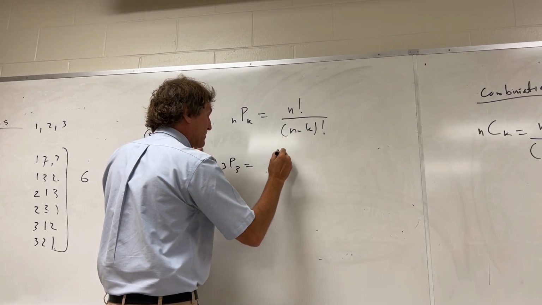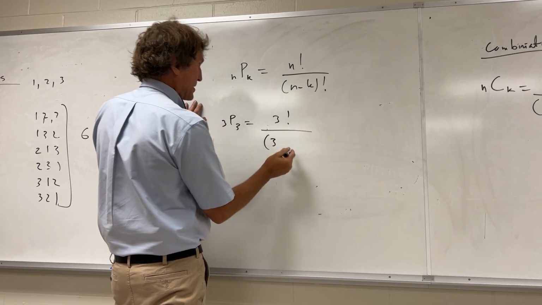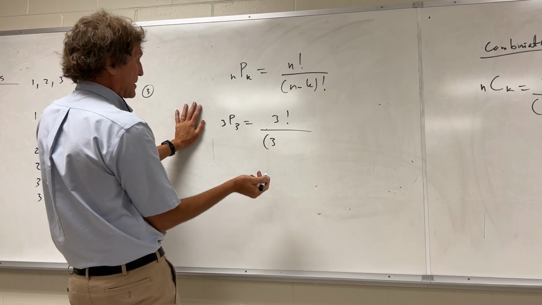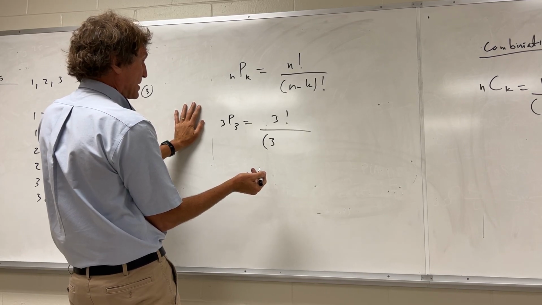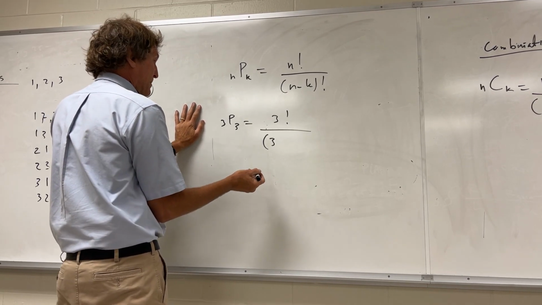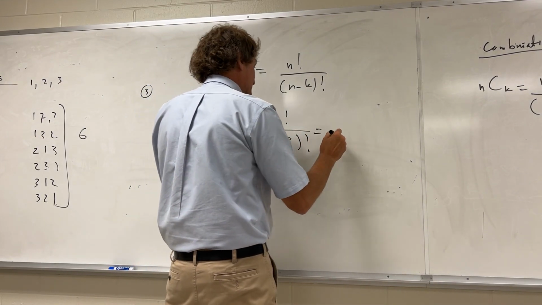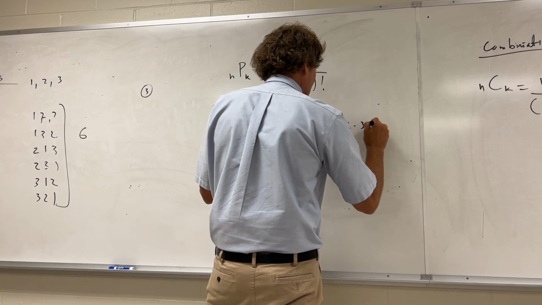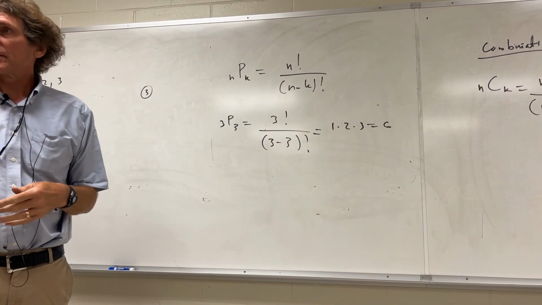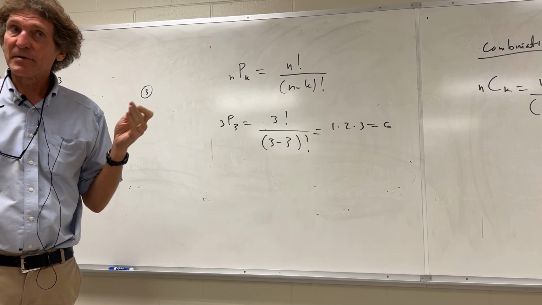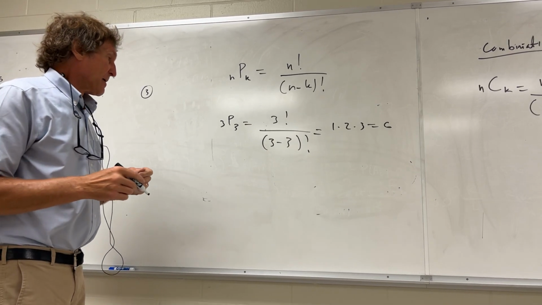So it would be 3 factorial over 0 factorial, and 0 factorial is 1, so that's 1 times 2 times 3, or 6. It does work there. If you have 3 numbers, how many different ways that are unique can you take them? It's n factorial over 3 minus 3 factorial.